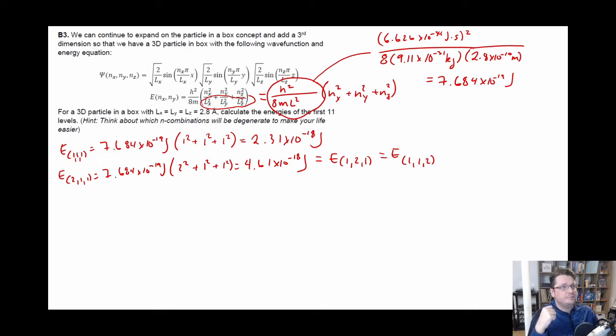So I think you would be given them, but all it is, is you're just stacking up the different dimensions. The normal particle in a box on its own is just this part right here. Then if you add the 2D part, you add plus n squared over L squared for that direction, and then 3D, we'll just add the z direction too.